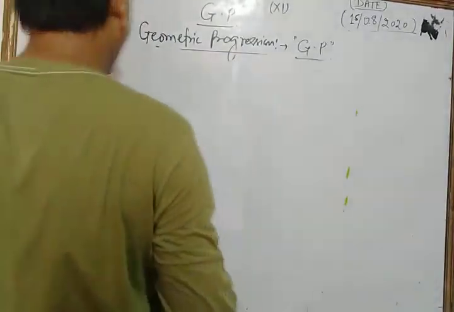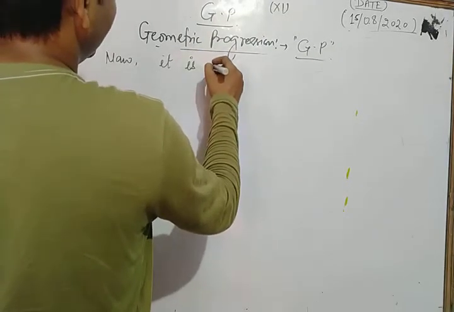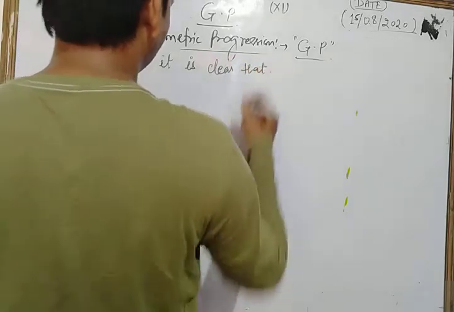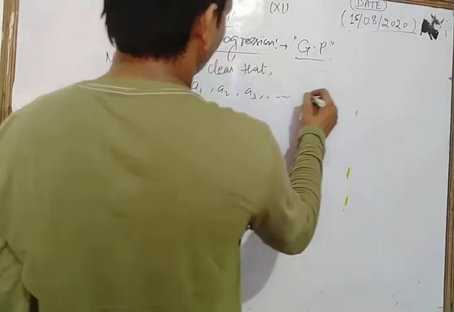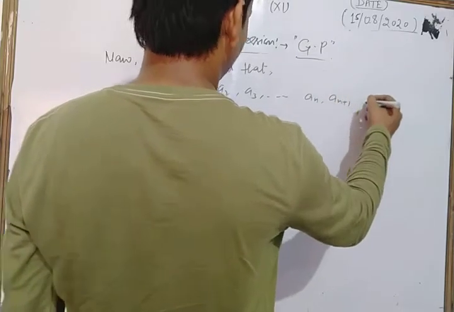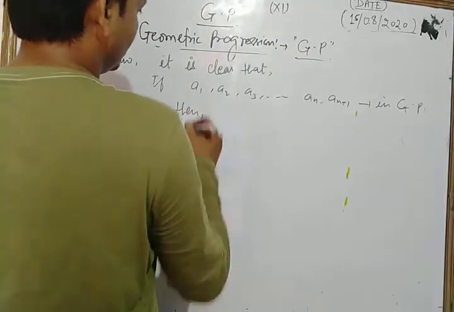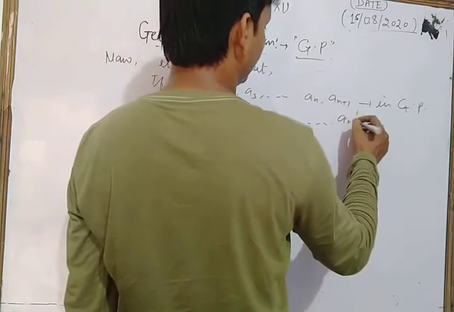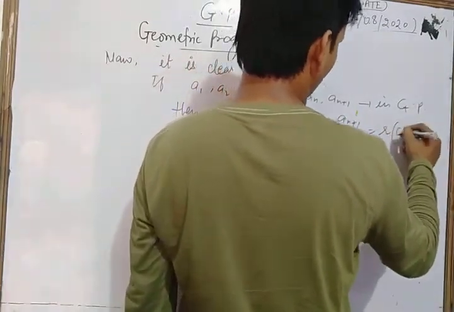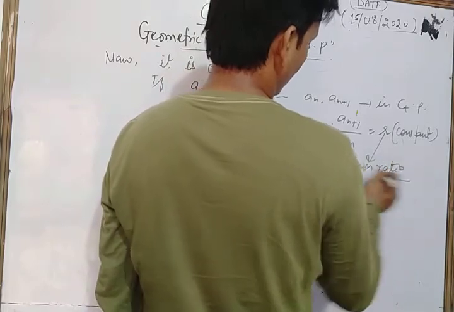From the above discussion it is clear that if A1, A2, A3 and so on, An, An plus 1 are in GP, then A2 upon A1 is equal to A3 upon A2 and so on, An plus 1 upon An, which remains the same, that is constant, and this constant is known as the common ratio.